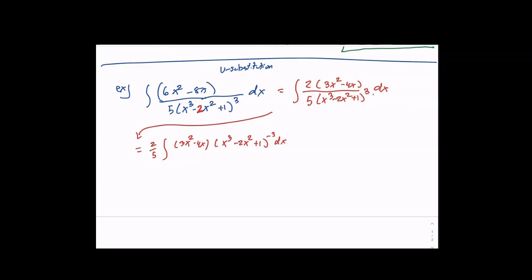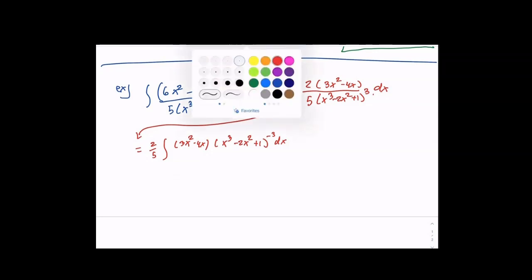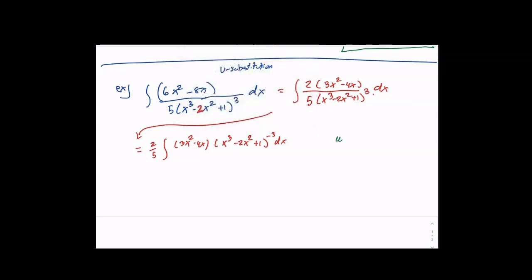The process is going to be the same, because now I can do what I normally do. And I go, oh, okay, u is x cubed minus 2x squared plus 1. Hopefully, based on what I've been getting, we don't have trouble identifying that that's going to be my u, because it's being raised to the -3rd power.